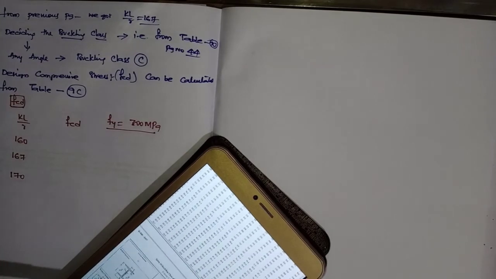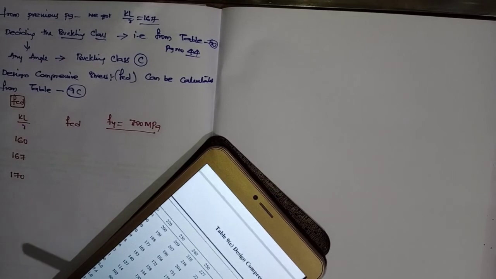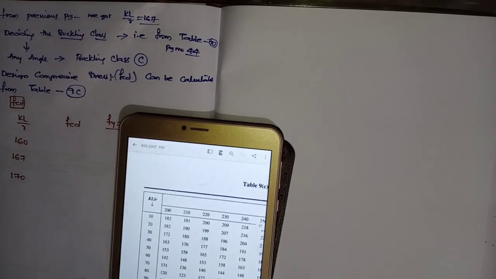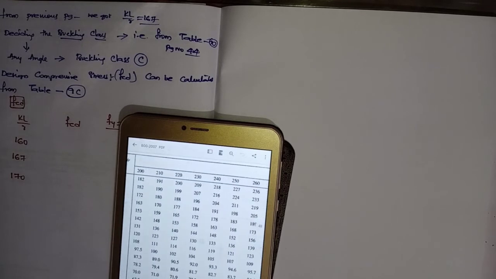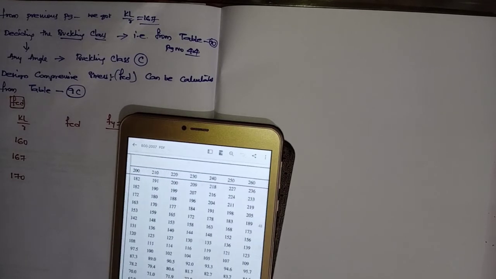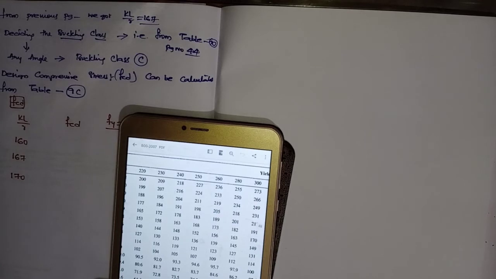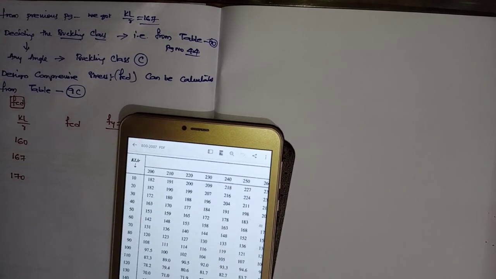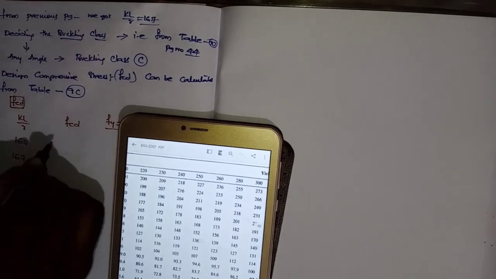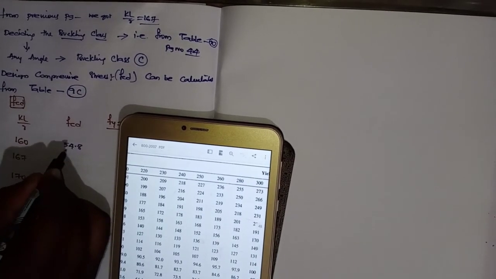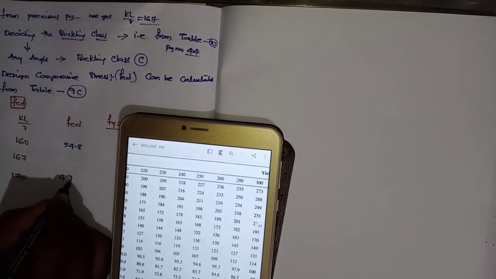So from table number 9C, for a particular 300 F yield stress, and it lies between 160 and 170, means for 160 this is 54.8 and for 170 it is 49.3.